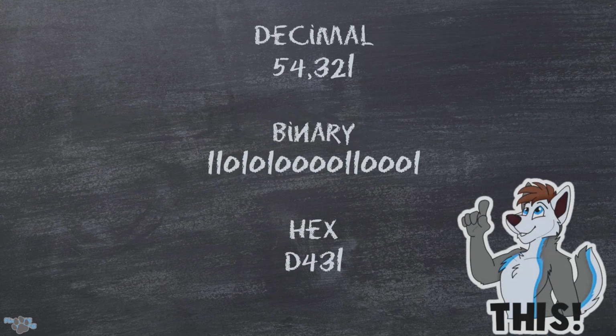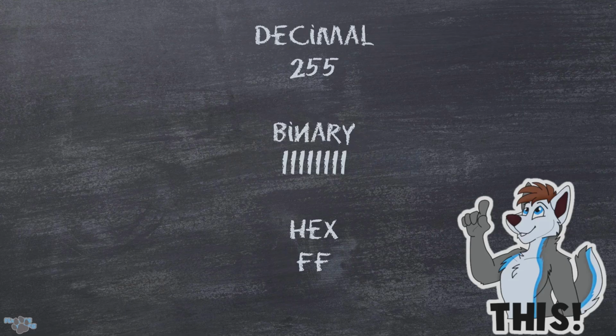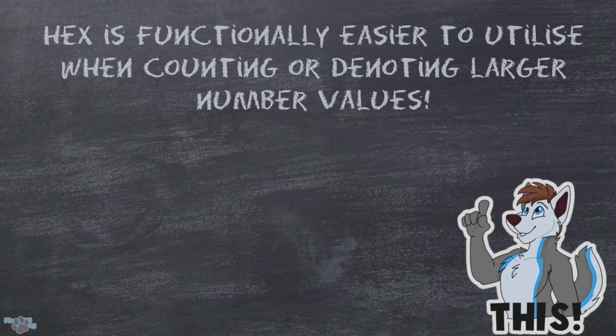Well, as amazing as binary is, it's too long to read a whole string of zeros and ones. And base 10 is great, but maybe I just want to have double digits as an output. I mean, I can go all the way to 255 with just FF. It's just a functionally easier way to output large values with minimal digits.